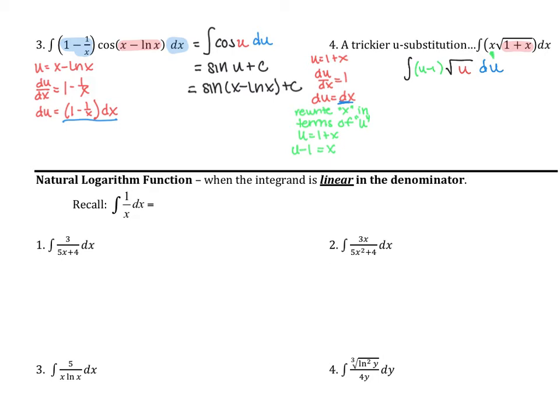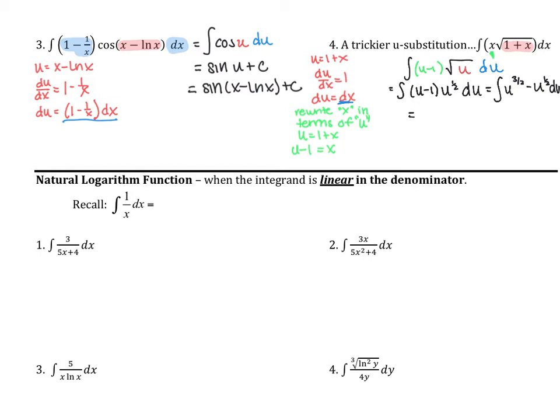Now this doesn't really look that much better at the moment, but I can simplify just a little bit more. I'm going to rewrite this as u minus 1 times u to the 1/2 du, which means it's the integral of u to the 3/2 minus u to the 1/2 du.